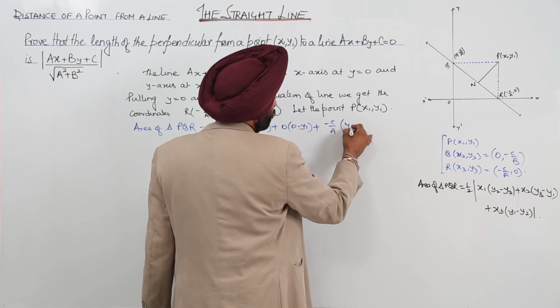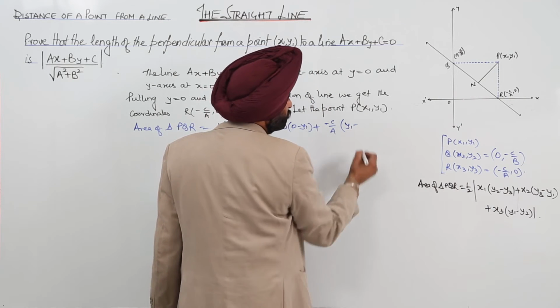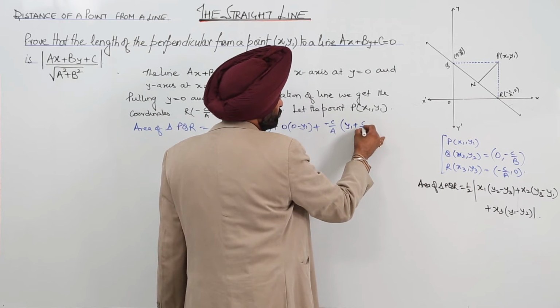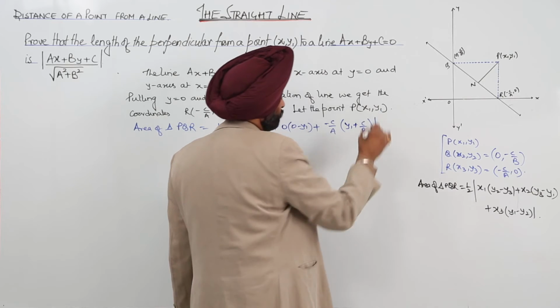Okay, y1 minus y2, which one? y2 is this one, so this becomes plus c upon b.